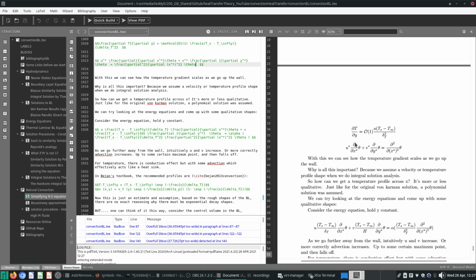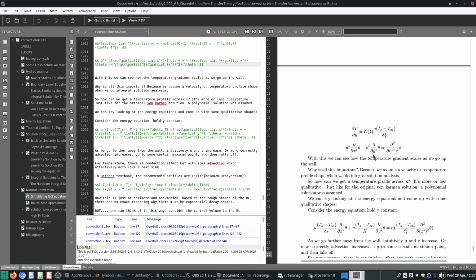So instead of having a T versus X or T versus Y temperature profile, you can have a non-dimensional temperature profile. You don't have all the scaling factors there. It's all non-dimensionalized, so you can just take a look at the shape.